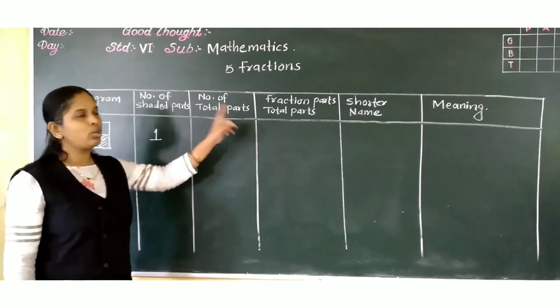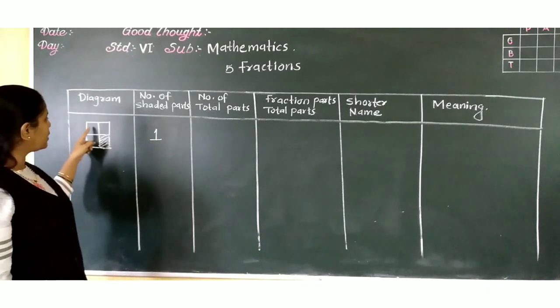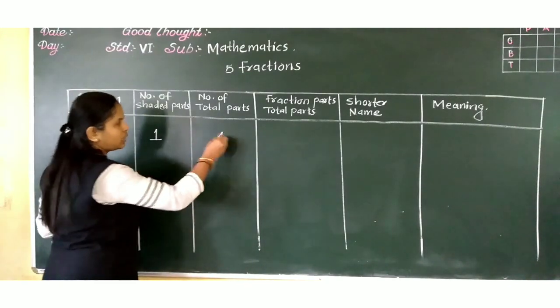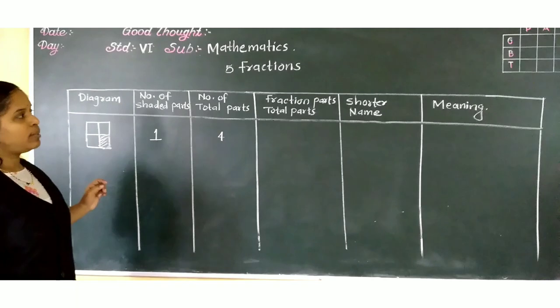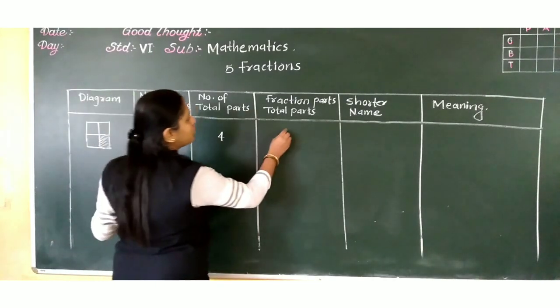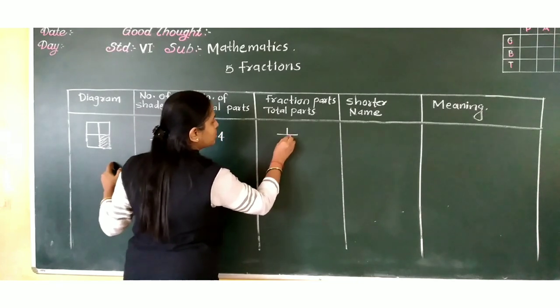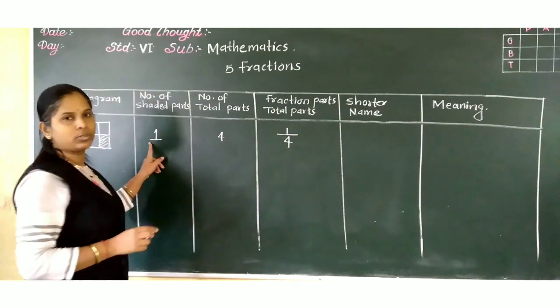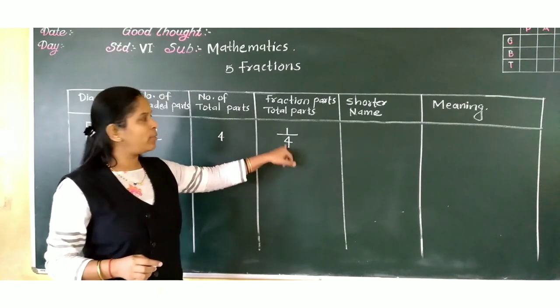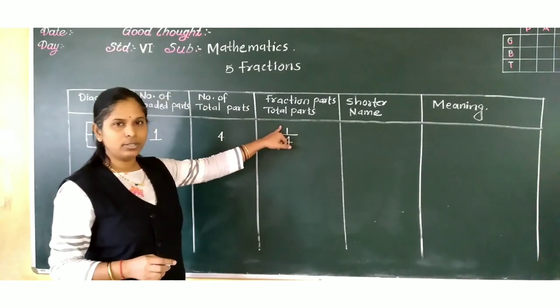Now, how many total parts are there? 1, 2, 3, 4. Correct? Now, fraction: shaded part at the numerator and total parts at the denominator.